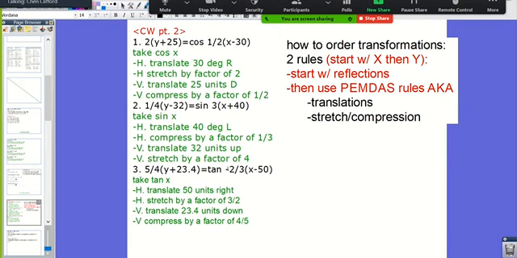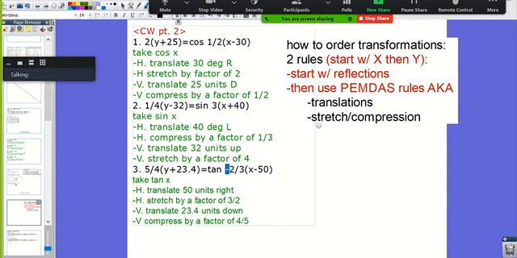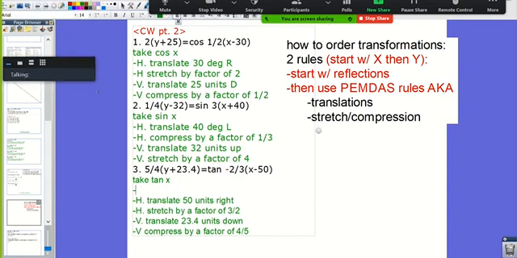That would mean a reflection over the y-axis.